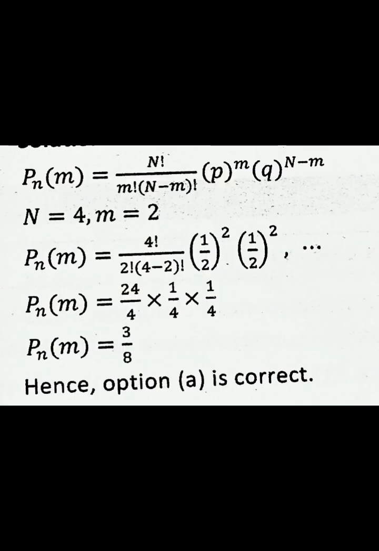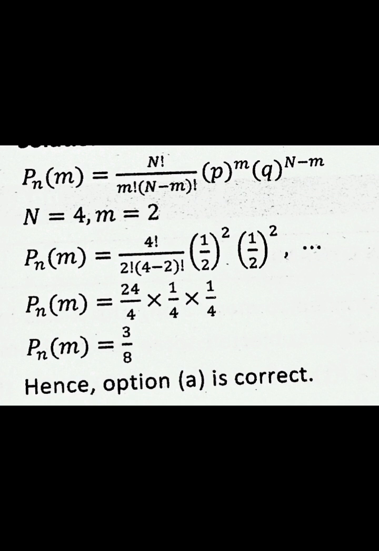Next question is, if a coin is tossed 4 times, what is the probability that 2 heads and 2 tails will result? So here the probability is Pn of m is equal to n factorial divided by m factorial into (n minus m) the whole factorial into p raised to m into q raised to n minus m. Here n is equal to 4 and m is equal to 2.